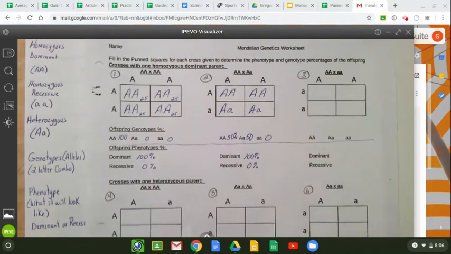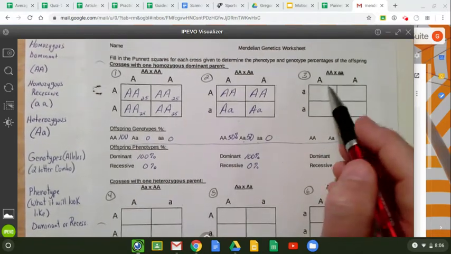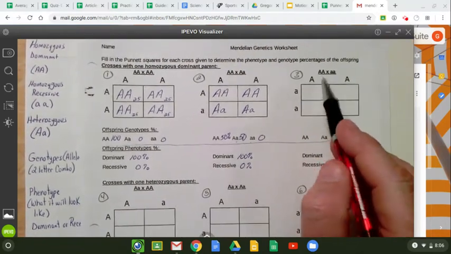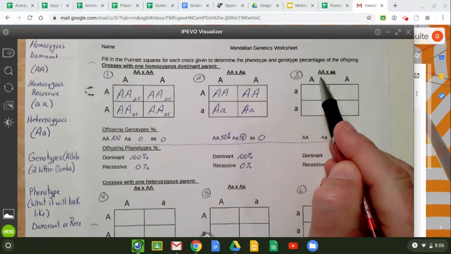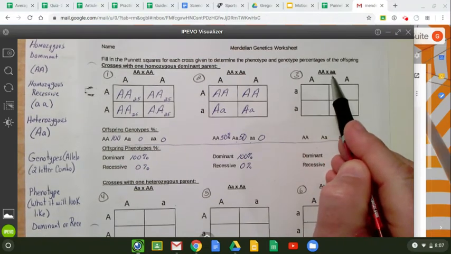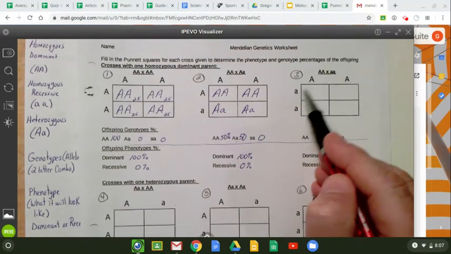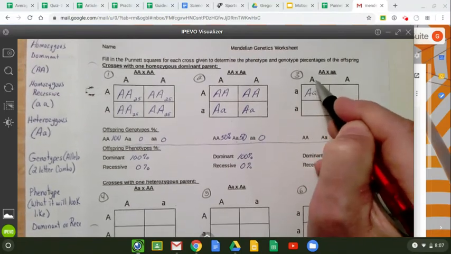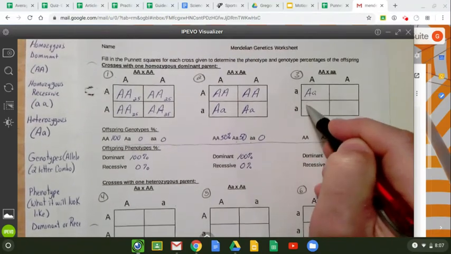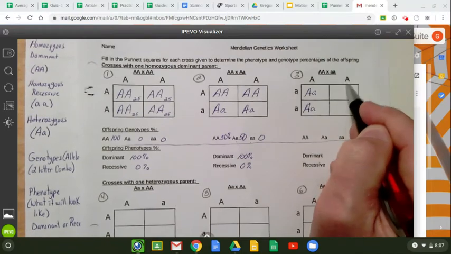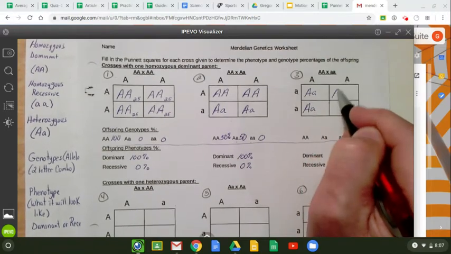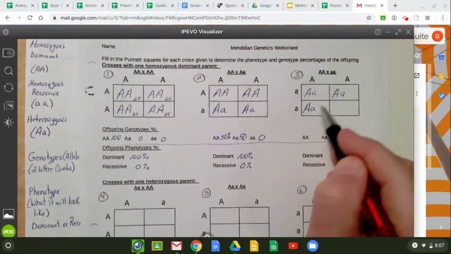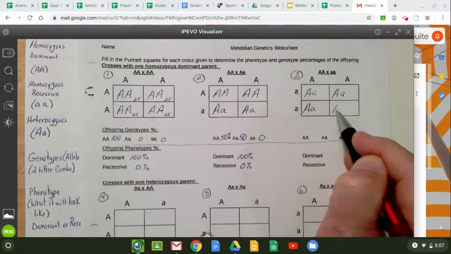next generation. All right, here in the third Punnett square, we have homozygous dominant crossed with a homozygous recessive parent. So let's fill in the Punnett square. We got capital A, lowercase a, capital A, lowercase a, capital A, lowercase a, and capital A, lowercase a.